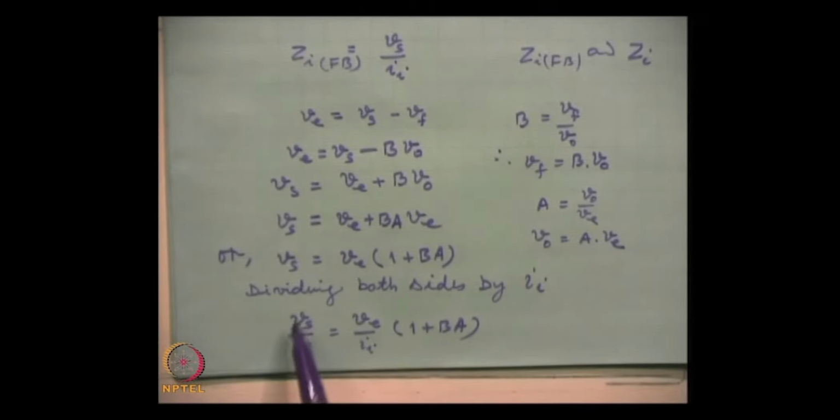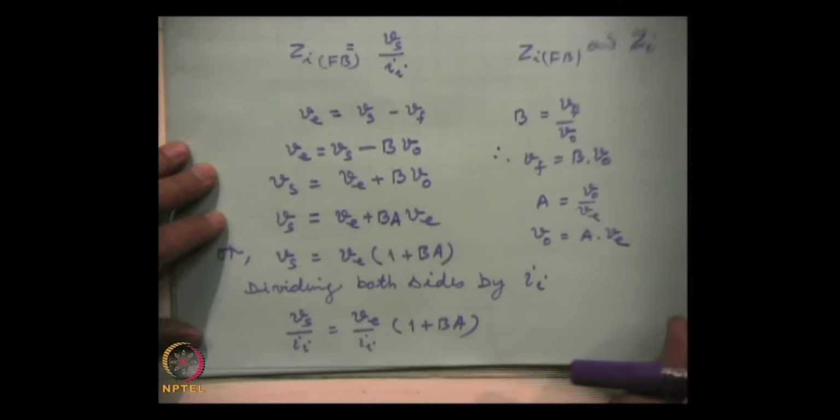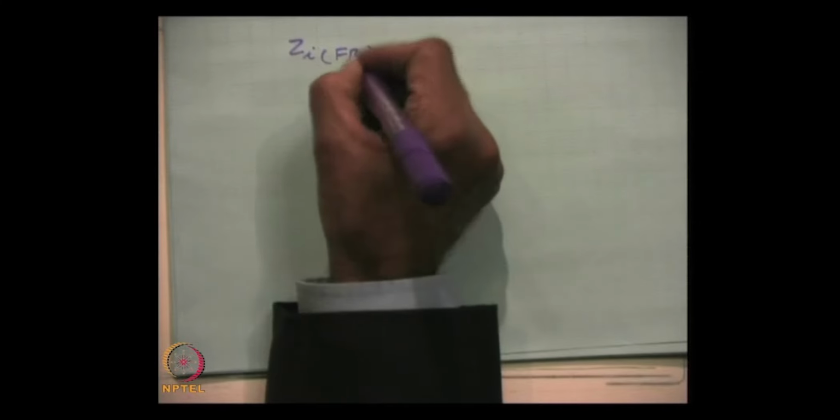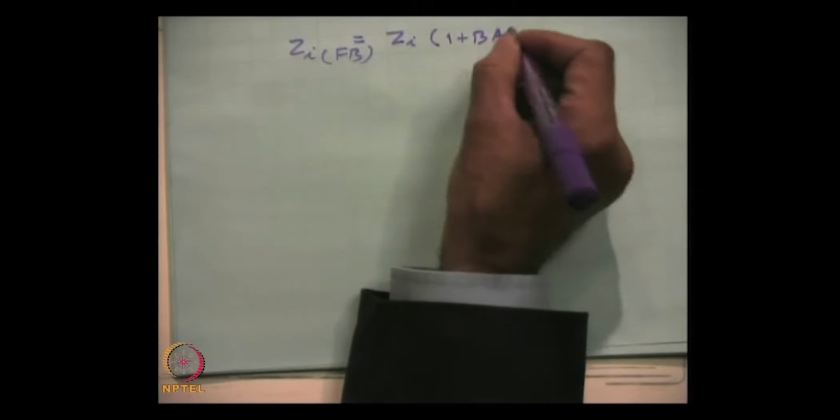And what is this? Look here how we defined, this is the input impedance with feedback, and this is the open loop impedance. Therefore, we get the relationship from here that Zif is equal to Zi into 1 plus BA.